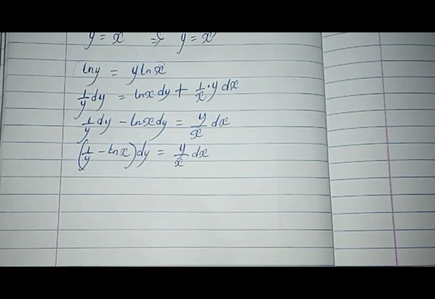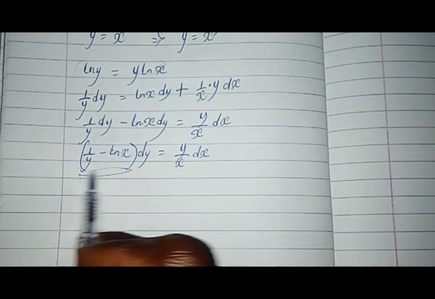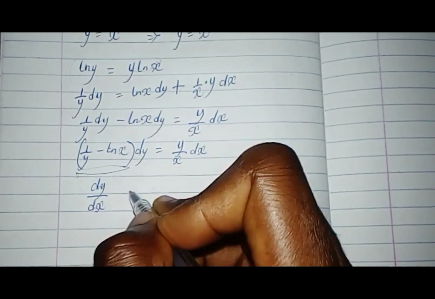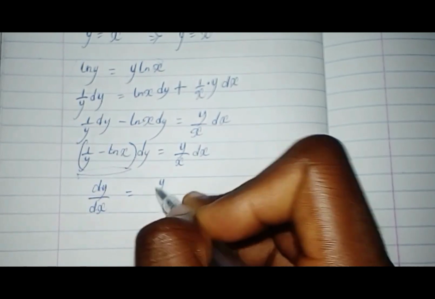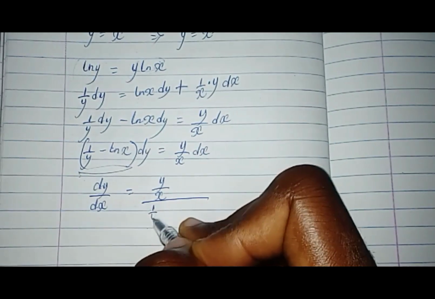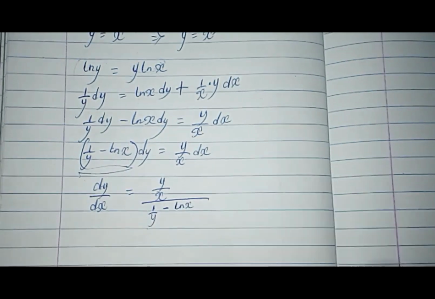Now dividing through by dx and simultaneously dividing through by this, I would have my dy/dx equal to (y over x) over (1 over y minus ln x).